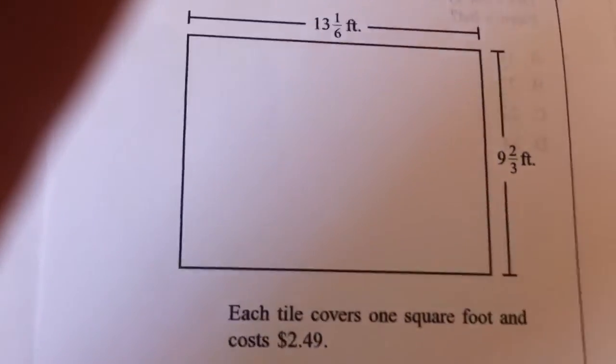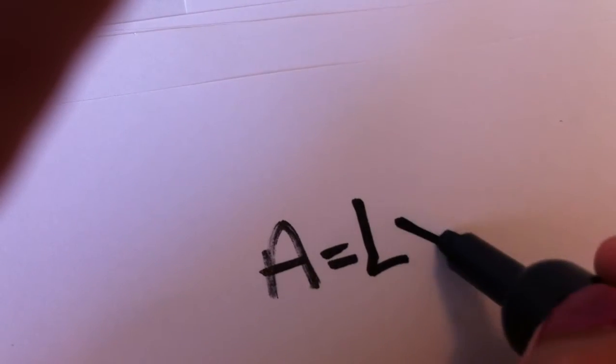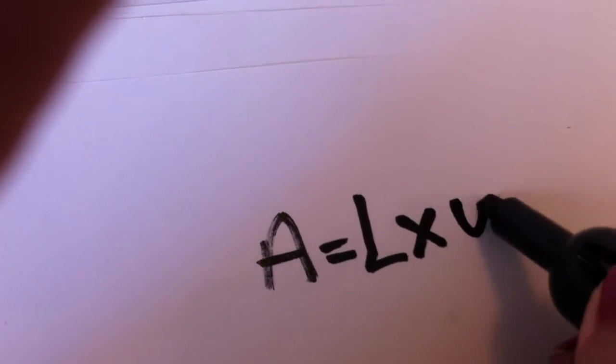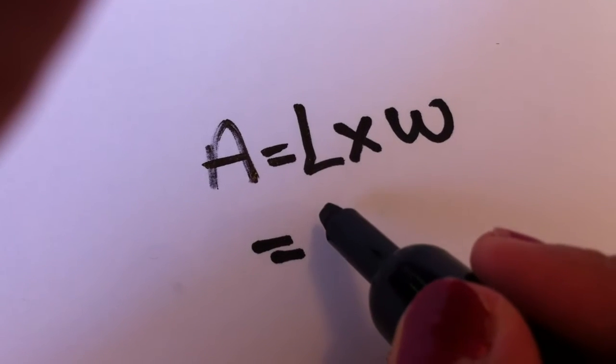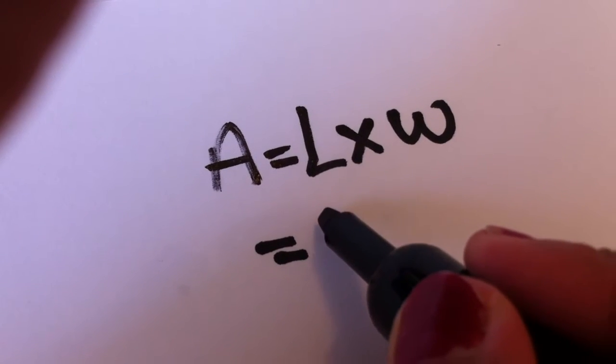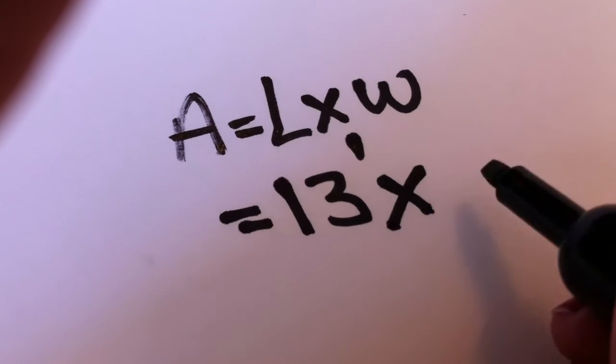So the next step is to actually find the area of our rectangle, right? So the area, we'll write the formula for the area is L times W, is equal to, the length is 13 1/6, we'll write it as 13 foot, multiplied by width.